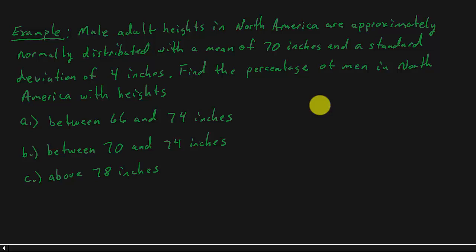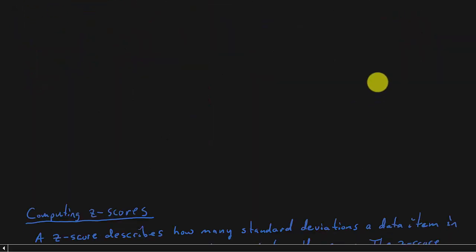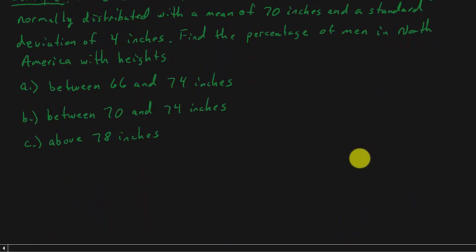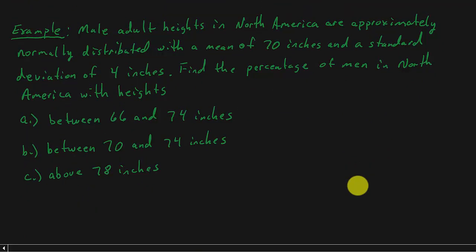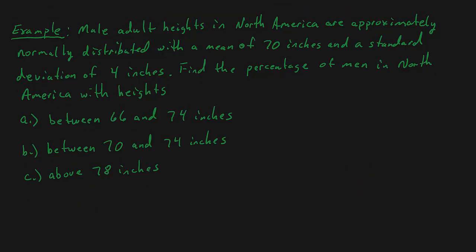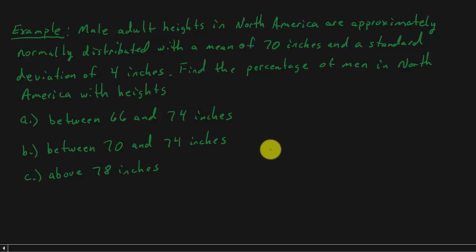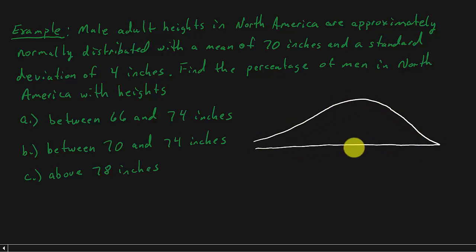All right. Now, I told you to draw these out because it'll help you. Now, to me, this is really important to draw this out on problems like this. So let's draw this out. All right, so there's the mean.